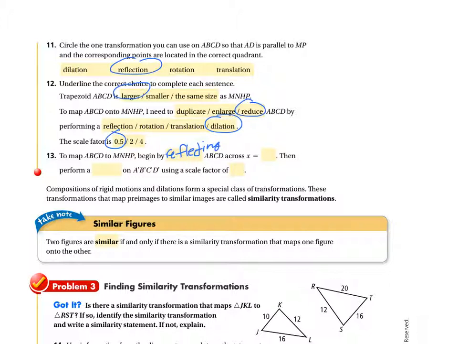Look at your picture. What is halfway in between A and M? Find the distance from A to M. Well, that might not be fair. Let's try reflecting across the y-axis. Or maybe it's x equals. How far apart is A and M?